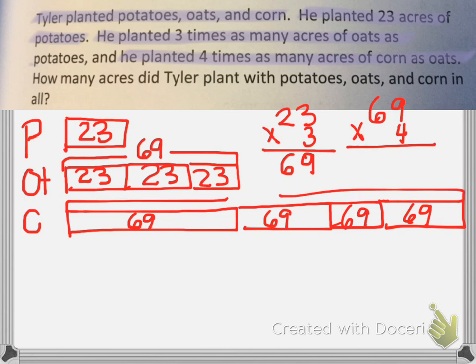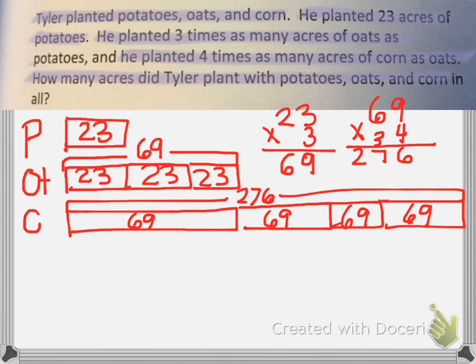Well, I see 4 times 9 is 36. 4 times 6 is 24, plus 3 more is 27. So I see that he planted 276 acres of corn.